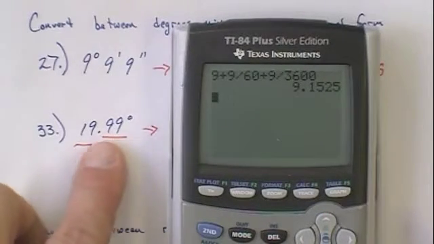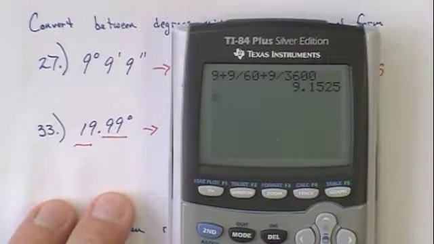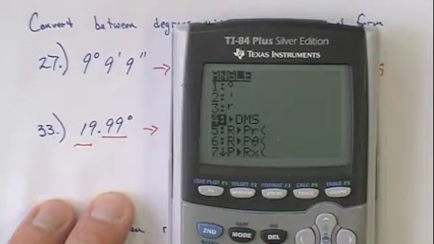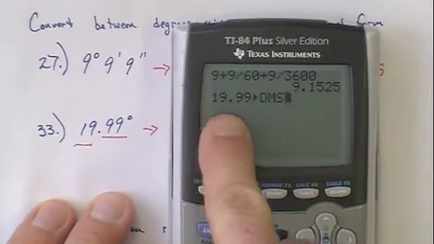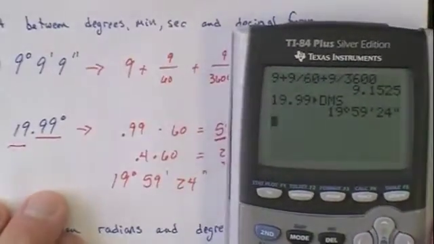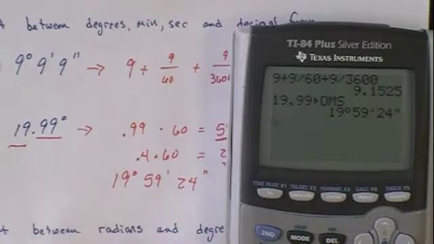Now, as far as going from decimal into degrees, minutes, seconds, we had 19.99, and we have a button. If we hit second angle, go to the angle menu, and the fourth option there is degrees, minutes, seconds. So we're going to take our decimal form and convert it to degrees, minutes, and seconds. And again, we get our 59 minutes, 24 seconds there.